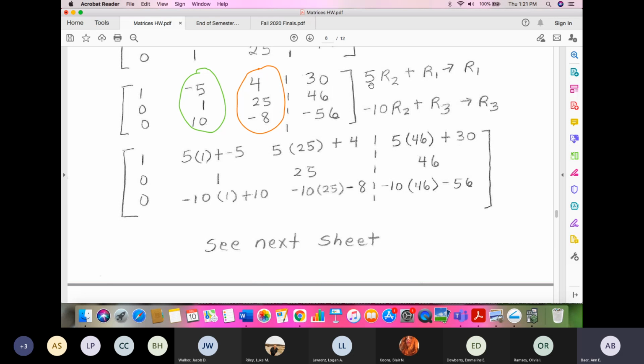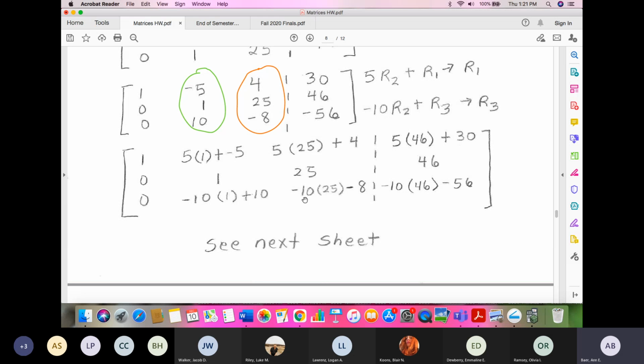Apply these row operations. So 5 times row 2, which is 1, 2, 25, plus row 1. Row 1 is 4. And then let's do this row operation while we are working in column 3.